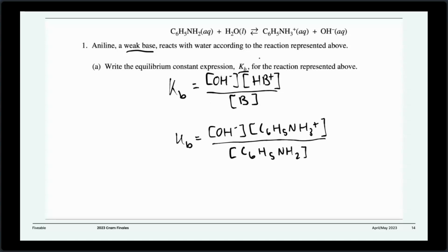We can forget about water because water is in liquid form while we're in the aqueous form. So that's our Kb, and that's our answer for question A.